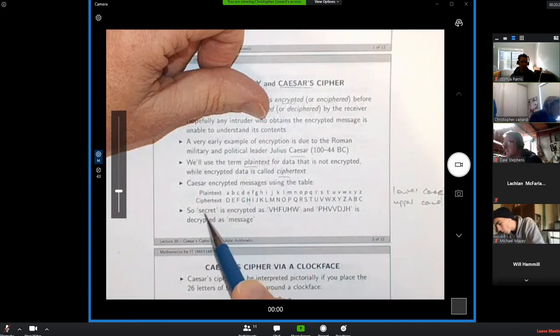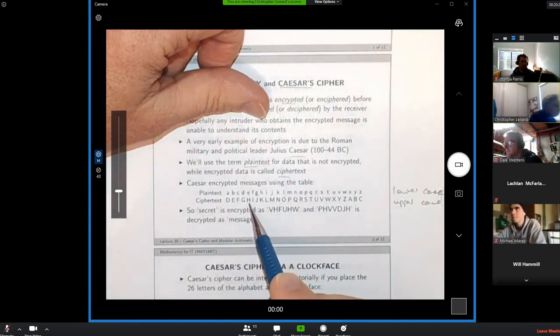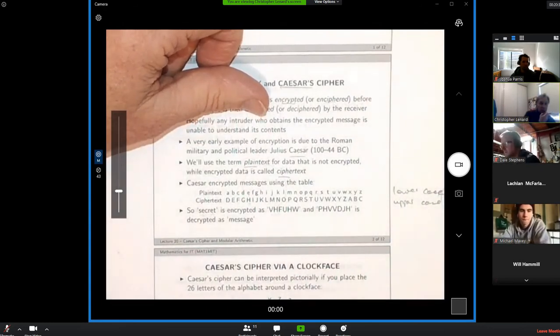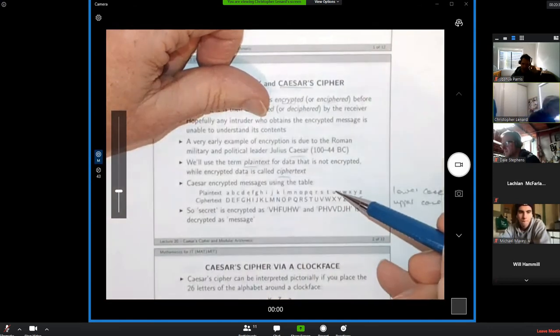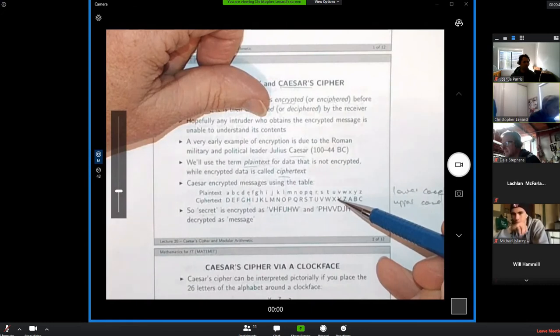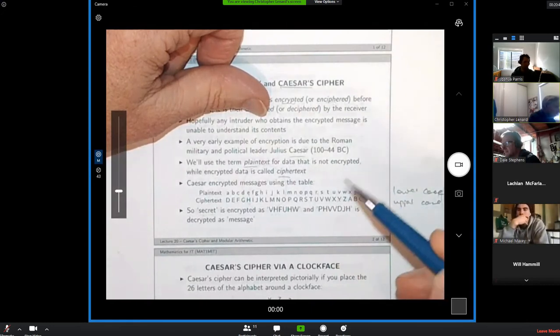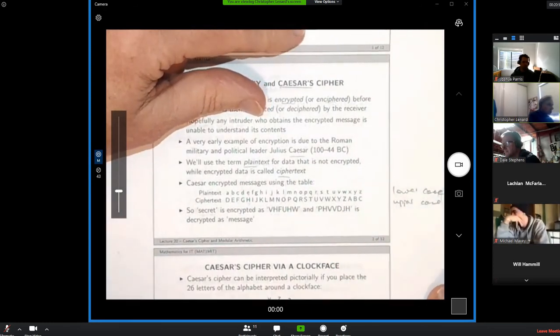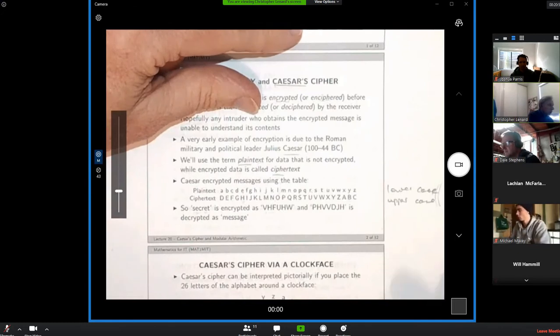So E is encrypted always as an H. That's actually one of the weaknesses of the cipher. If you do that simple substitution, where one plain text character always gets mapped or encrypted into the same ciphertext character, then that's a very weak encryption technique for reasons which will become obvious in a little while.